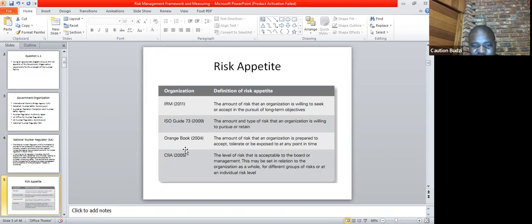So you find that in the same organization, we might have different risk appetites depending on the branch, business unit or department of that organization.